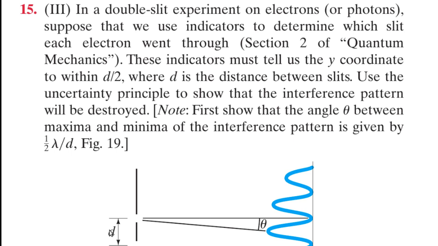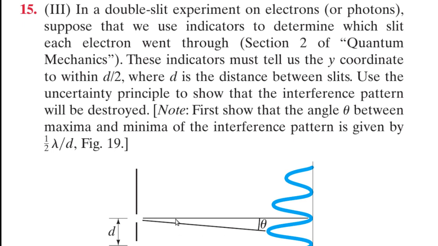Now, if you determine it with this certainty, then it's going to introduce a vertical component of momentum. Right? And there's going to be an uncertainty in the vertical component of momentum, and consequently, this is going to change where this particle is going to arrive on the screen. Right?